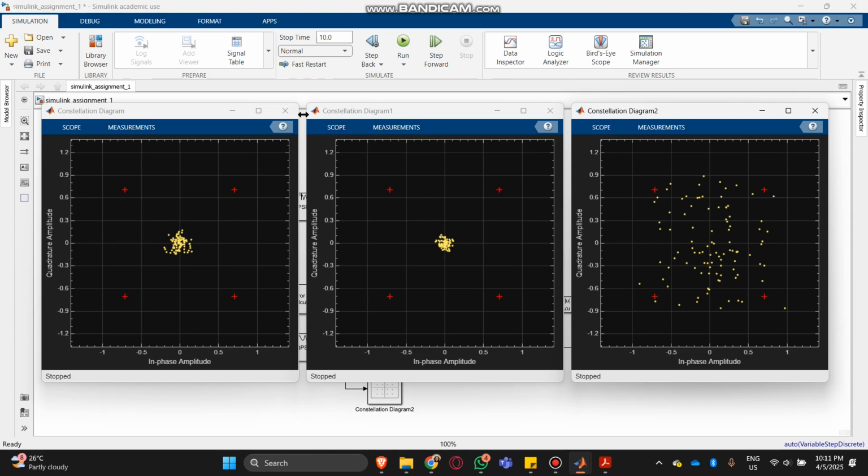Same goes for constellation diagram 1, which is more concentrated. Next, we go to constellation diagram 2. In constellation diagram 2, here we see the noise finally dissipated because of the filter, just a little bit late after constellation diagram 1.